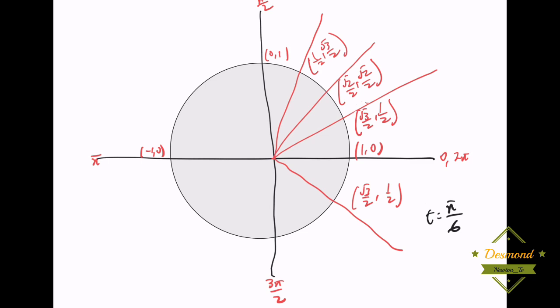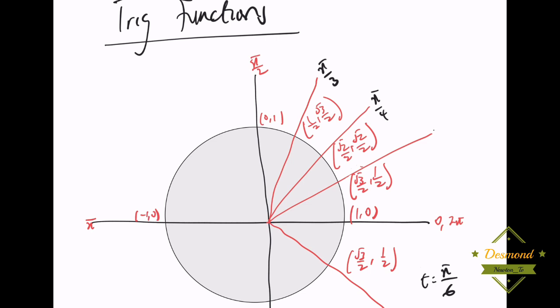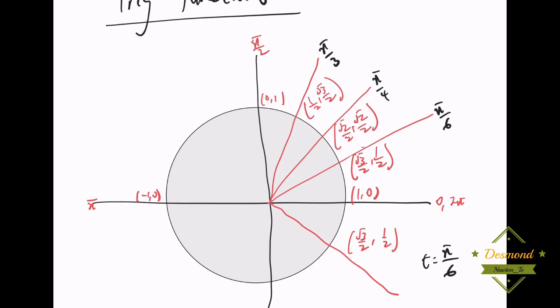We know that the cosine is on the x-axis, so we are looking for the x coordinate. Here we have pi on 3, pi on 4, pi on 6, and that's where we got our root 3 on 2. We are just looking at the x-axis because we are dealing with cosine.